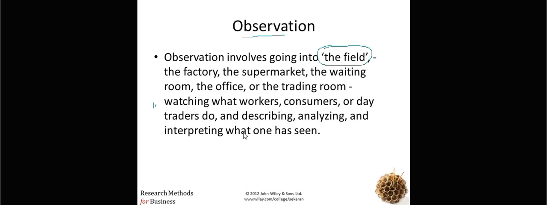Observation ni you kena turun dekat field. Ini syarat dia. Okay, the field tu terpulang sama ada the factory, syarikat, ataupun supermarket, ataupun waiting room, ataupun office, ataupun any room ataupun any place yang you akan buat research. Okay. Contohnya kita nak study tentang behavior of eating student.